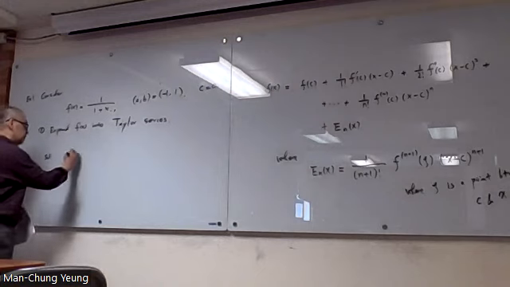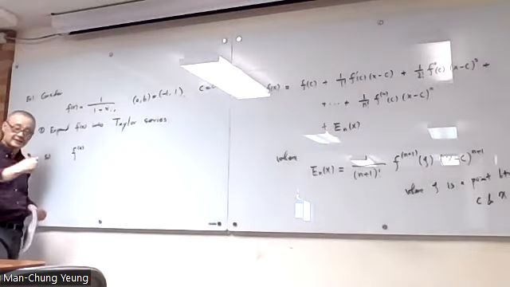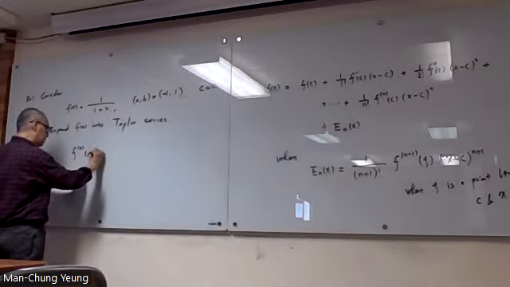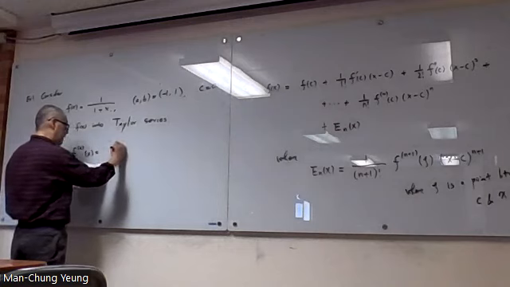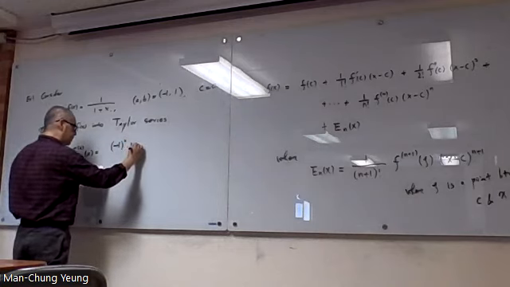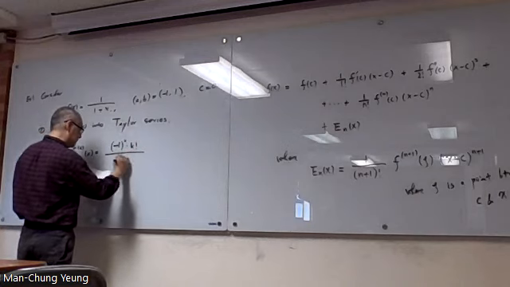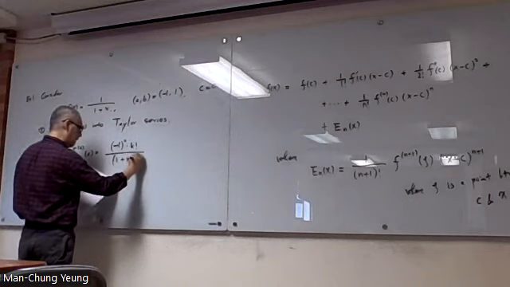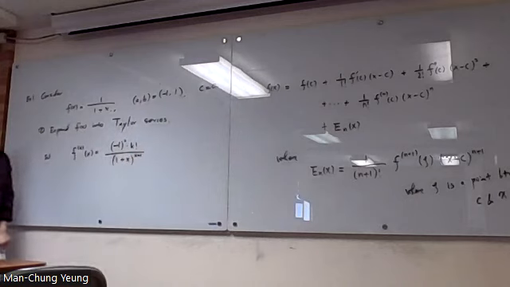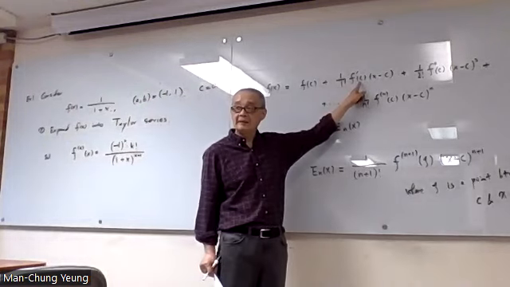It's easy to see the derivative of this function k times is equal to (-1)^k times k factorial over (1 plus x)^(k plus 1). Then I need to evaluate the derivative at point c.